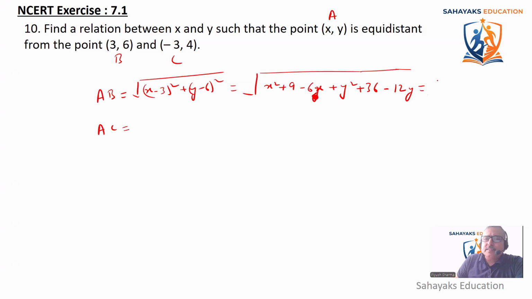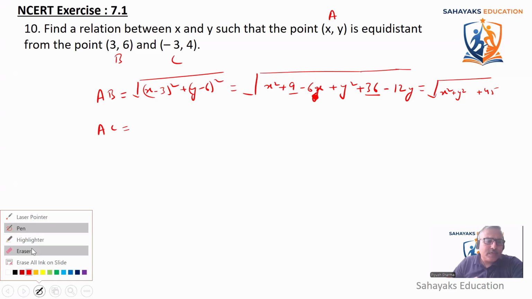Okay, or I'll just reduce it further. So it becomes x square, and this is 36 plus 9. 36 plus 9 is 45. Let me clear it up first here.